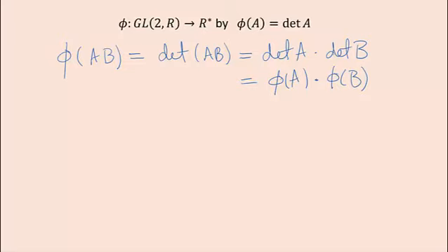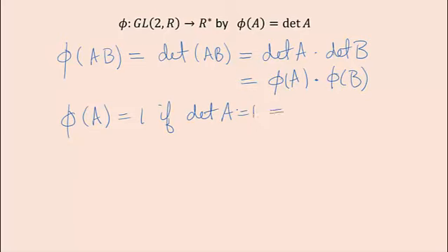Now let's see if we can determine those two sets. The subset of the general linear group that maps to the identity 1. Well, we know that phi of A will map to 1 if the determinant of A is equal to 1.